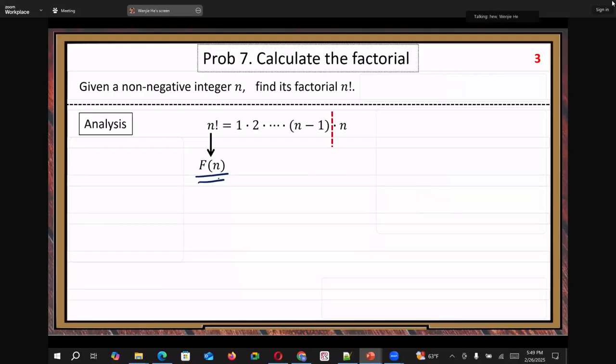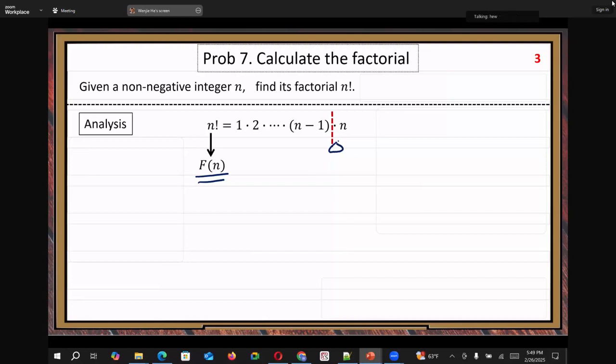Then we divide. We cut off the last element, so the size is reduced by 1. You may ask why we cut just 1 element off, not 2 or 3. By experience. Here, every time we just reduce the problem size by 1.